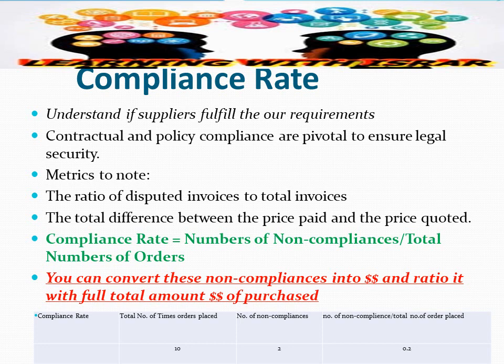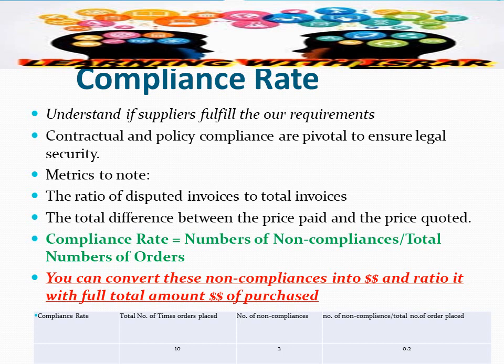Okay, the next is the compliance rate. It helps us understand if the supplier fulfills our requirements. So this is the KPI which determines whether the supplier is fulfilling our requirements. Contractual and policy compliance are pivotal to ensure legal security. So the ratio of disputed invoices to the total invoices is one example, or the total difference between price paid and the price agreed.